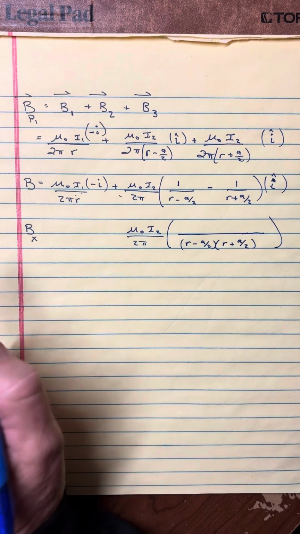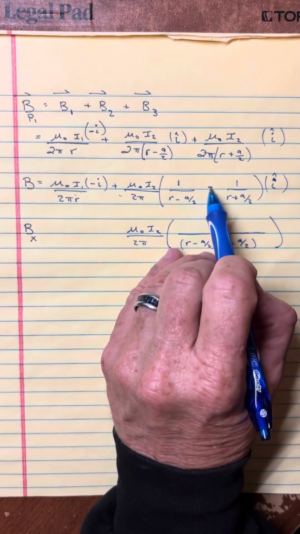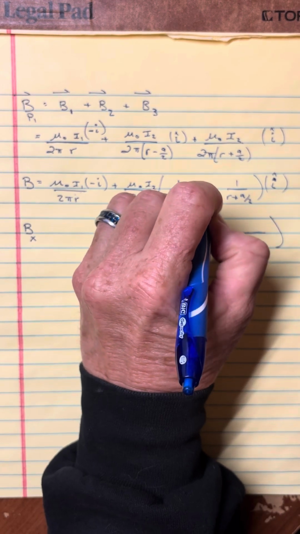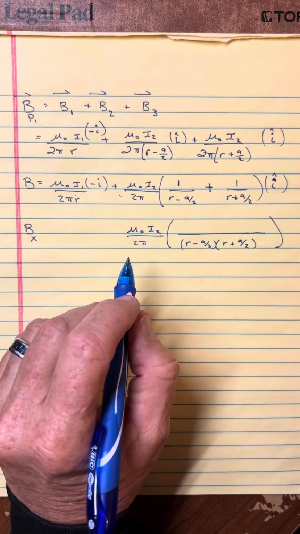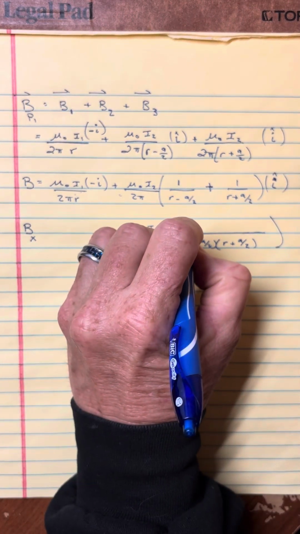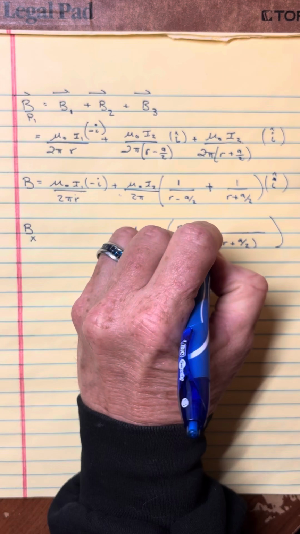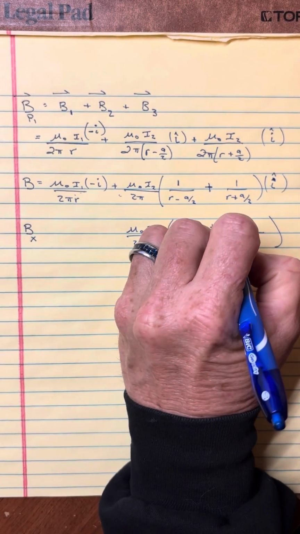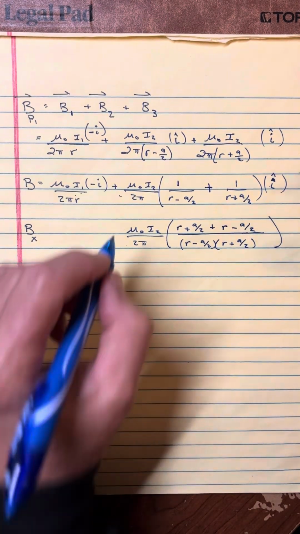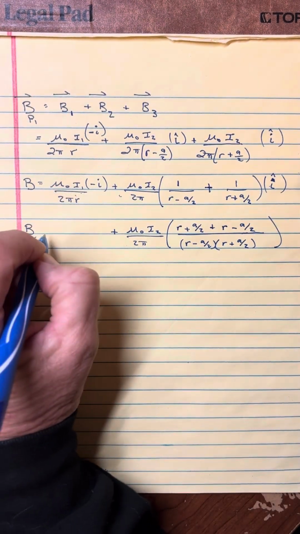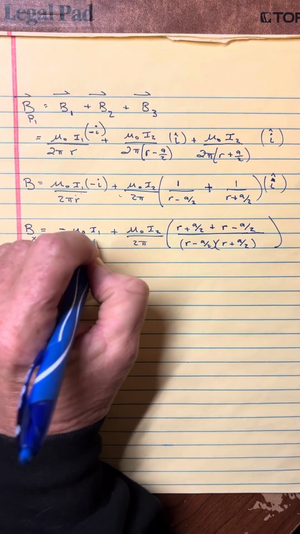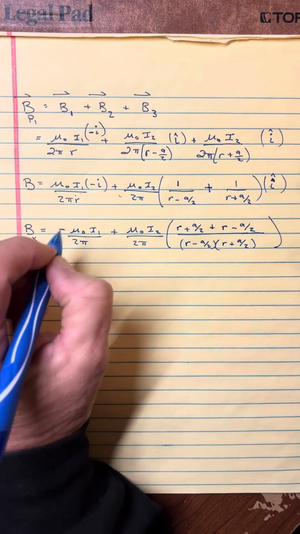And so that means, oh, wait a minute. Why did I put a negative here? Yeah, okay. This should just be a plus because we said they're in the same direction. Okay. So this would be an R plus A over 2. And then this one would be an R minus an A over 2. And then this one would be a minus mu naught I1 over 2 pi R.